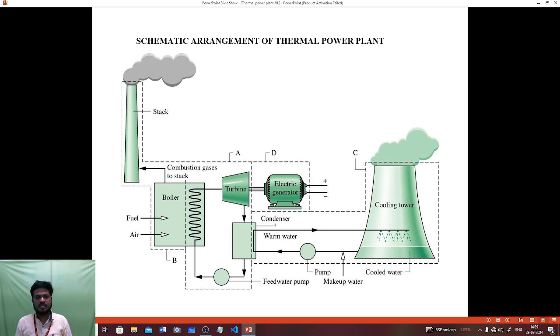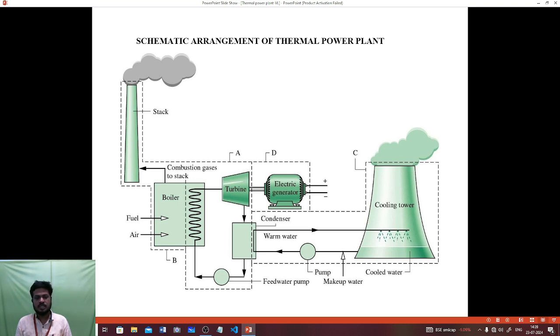When the superheated steam has given up its power in the turbine, the normal saturated steam comes out from the turbine, which is passed to the condenser for the condensation process. In the condenser, the warm water is circulated to the cooling tower, where it is chilled, and then recirculated to the condenser.